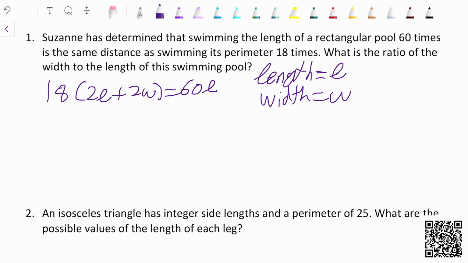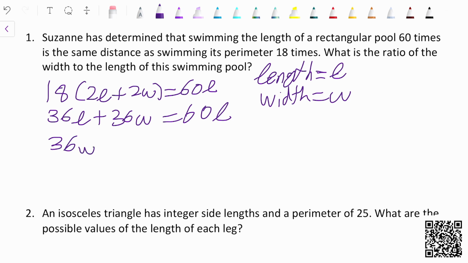If we expand our equation by distributing the 18, we'll get 36L plus 36W is equivalent to 60L. Moving our 36L to the other side, we will get 36W is equivalent to 60 minus 36, which is 24L.